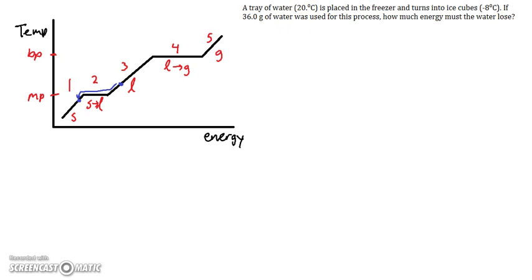This means that we're going from an initial temperature of 20 degrees down to 0 degrees, and it's going to be a liquid the full time. After that, we're going to be going through region 2, where the temperature remains the same. So at the beginning it is 0 degrees, and it's also 0 degrees at the end.